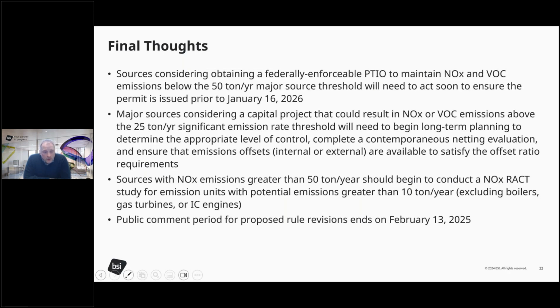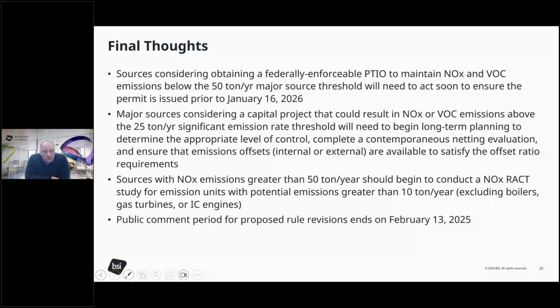If you're considering obtaining a federally enforceable PTIO, you will need to act soon to ensure the permit is issued before January 16th. So the difference again, if you're going to go FEPTIO, you need the permit in hand by January 16th. If you are going to submit a Title V application, you just need to have the application in prior to January 16th.